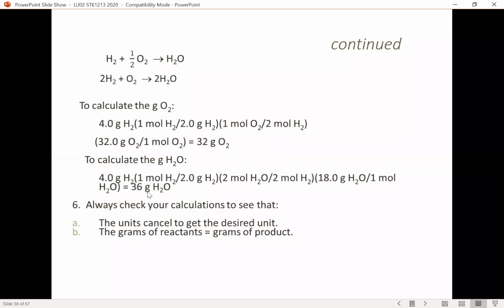And on the product side, you have 36 grams of H2O. So you have a mass balance between the reactants and also the products. By this way, you can ensure that you have done your calculation correctly.